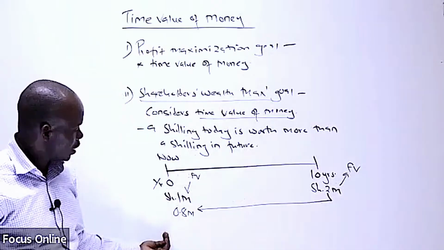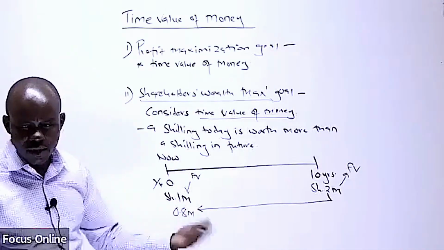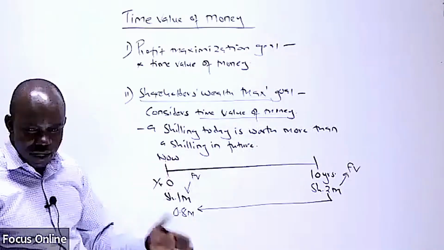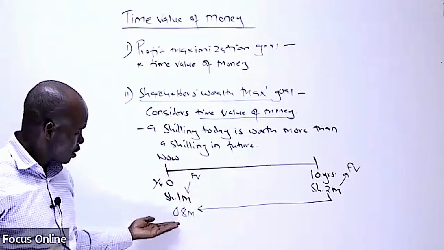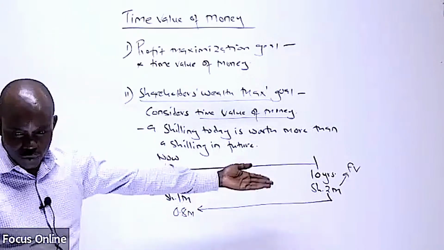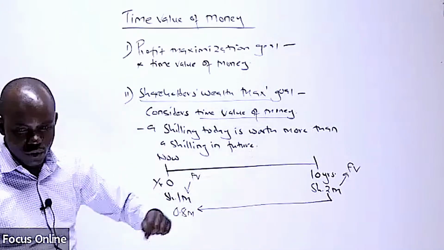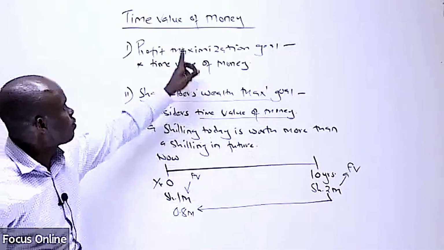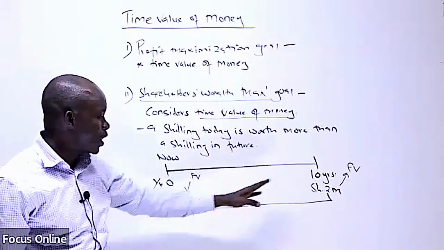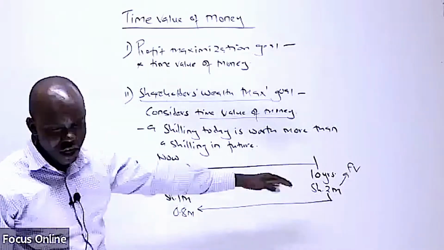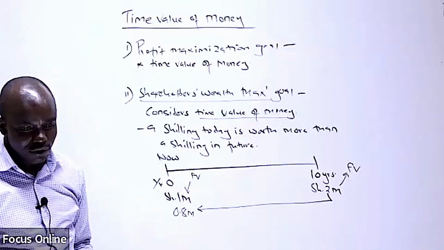Either way can work, but you must compare the two amounts in the same form. That is where the concept of time value of money comes in, determining either the future value of an amount or the present value of an amount.